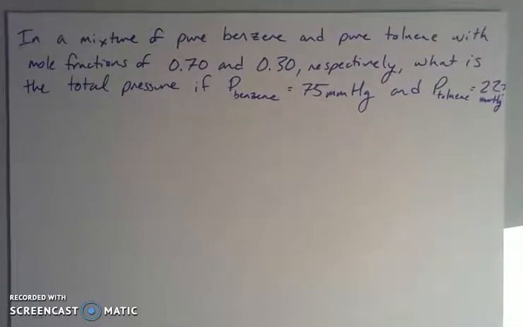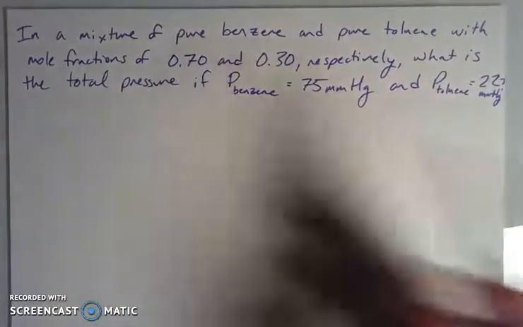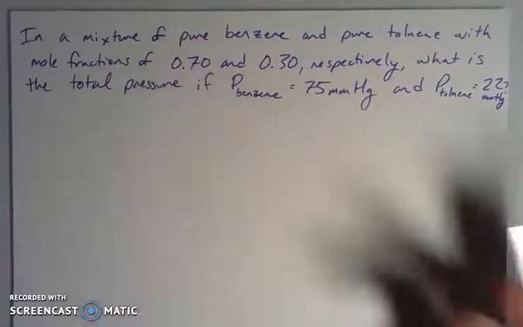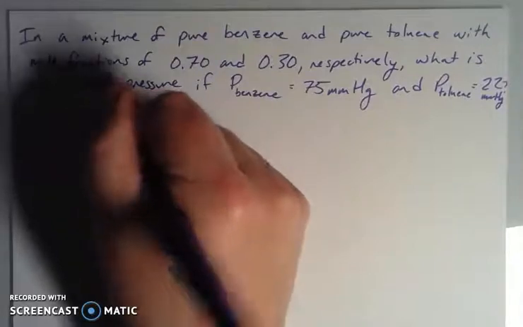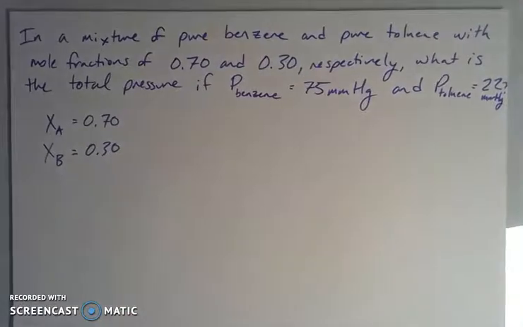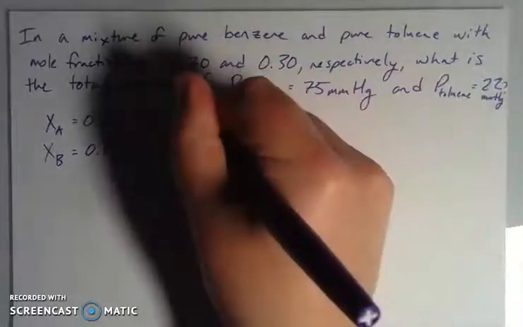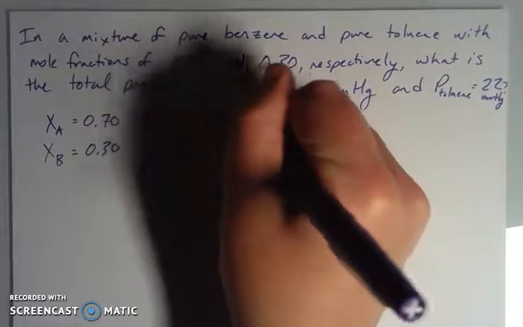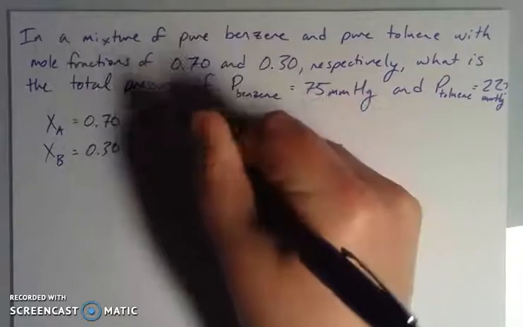So we can use this relationship too to solve problems that look like this. Now if I have a mixture of benzene and toluene, which are both really nasty organic solvents, then we have these mole fractions for each. Benzene, there's a greater amount of it, so that'll be my A, 0.7, and then my B is 0.3, and then my partial pressure for benzene is 75, and my pressure for toluene is 22.